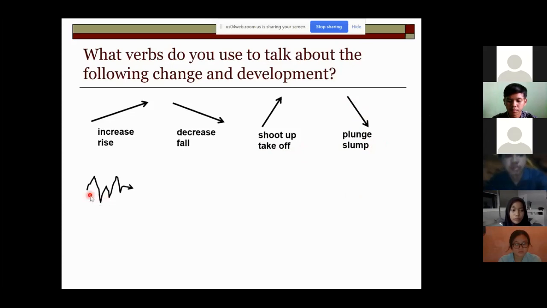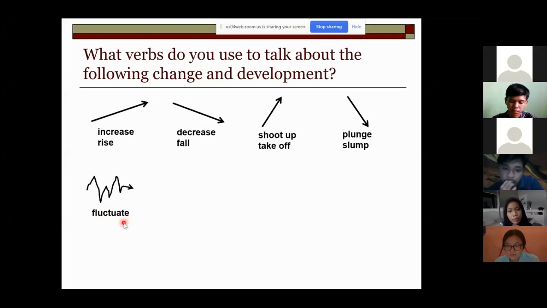What about this one? Sometimes on the graphic, you need to tell this situation, this condition, but how to state that? Up and down, up and down, up and down. It's like this, okay? So how to say this condition? Yes, it's fluctuate, okay?